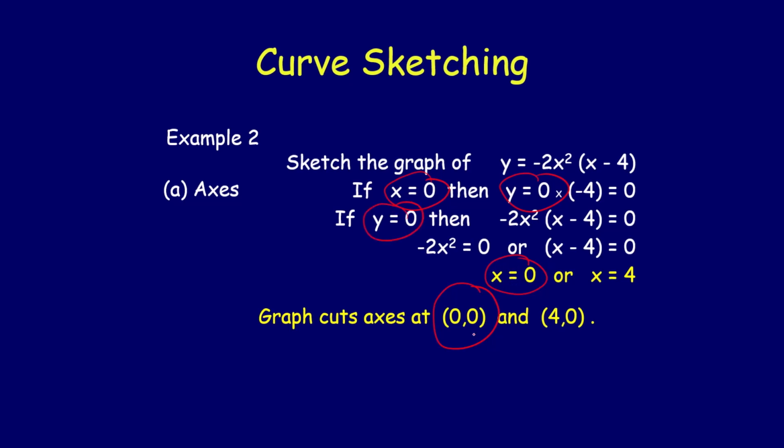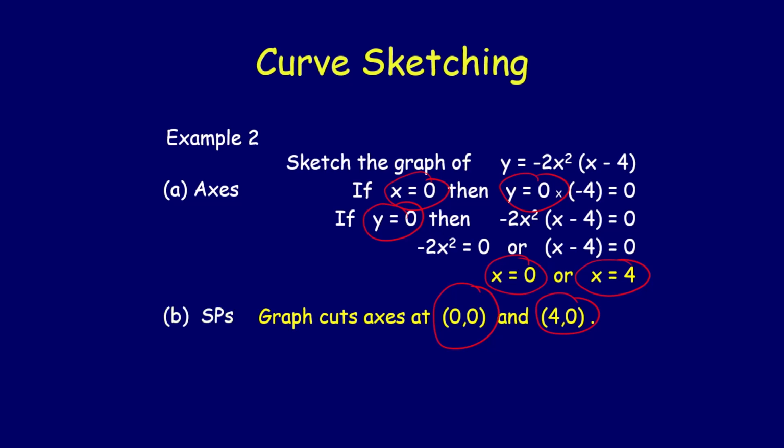That is a repeated point. That is why we don't need to put it again. And then the other one, when x is 4, y is 0. So these are the 2 points where it cuts the axis, 0, 0 and 4, 0.